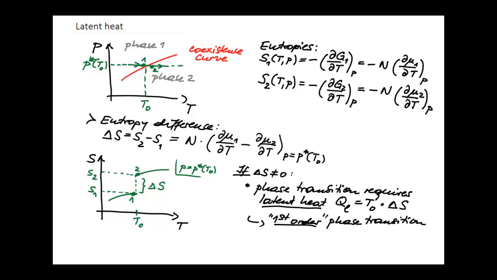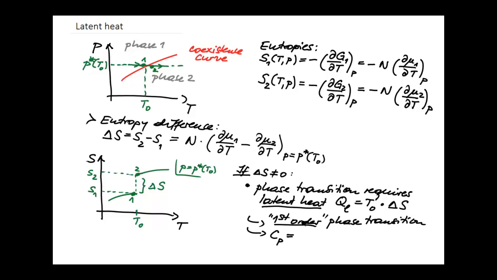Another immediate consequence of this discrete jump of entropy is the behavior of the specific heat at the phase transition. We are working here at constant pressure, so we should consider the specific heat at constant pressure.